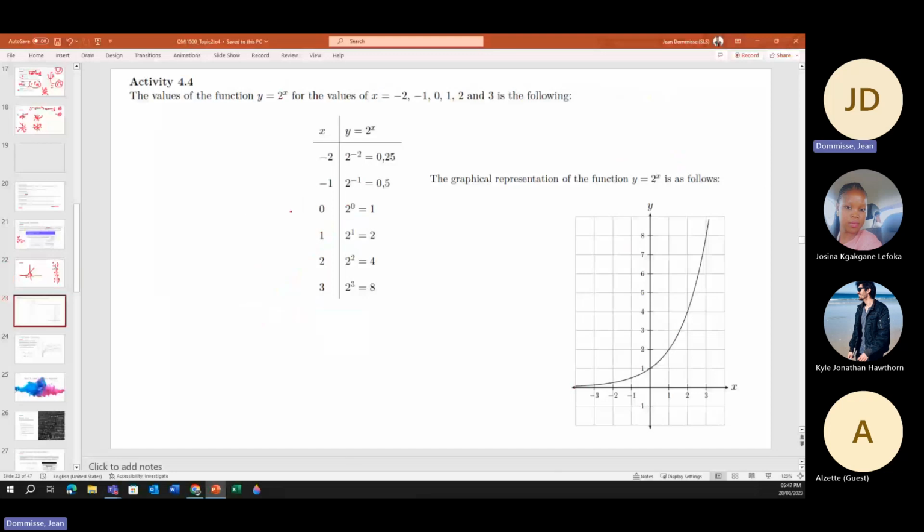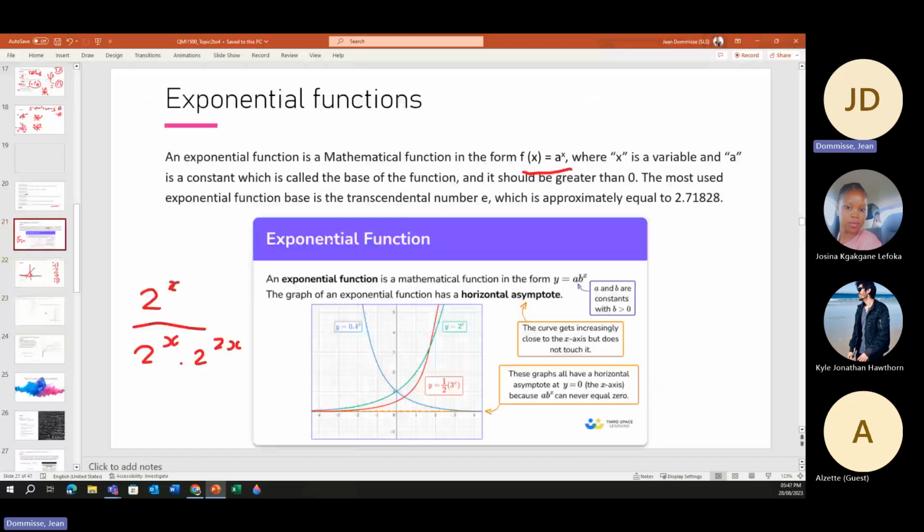So it doesn't matter how small that x gets in the negative, it will never go over that axis. So that is nearly the most important thing that we need to know about the exponential function, and we see it in this piece of work.